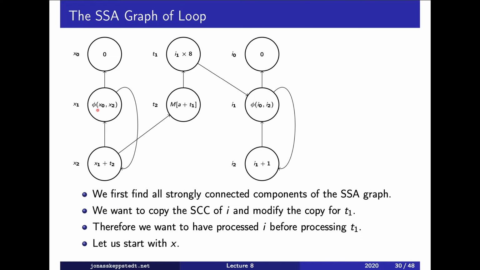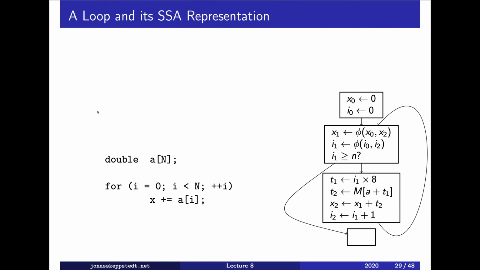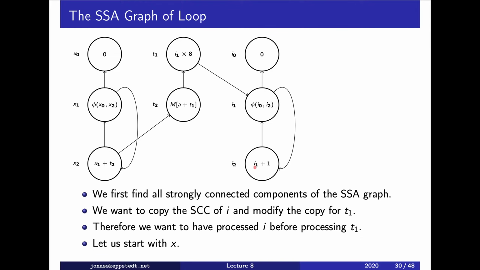If we look at x, for instance, it's incremented here, and there is a phi function for x. It starts, well, that's not shown in the source code, but we assume it starts with 0, and then it's incremented in the loop. Okay, so this part of the SSA graph concerns x.